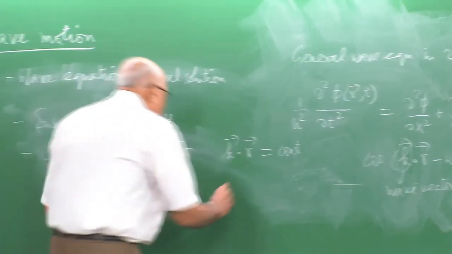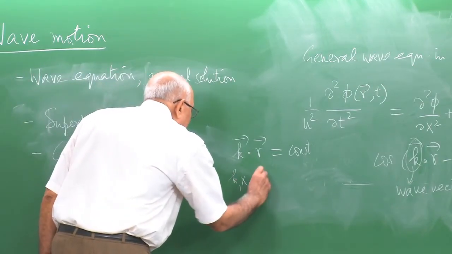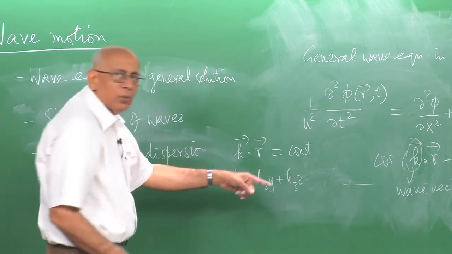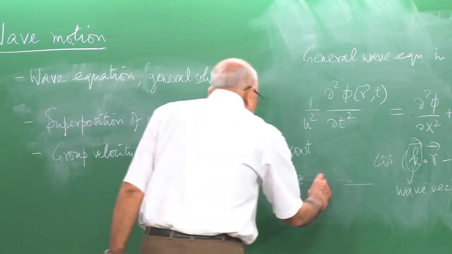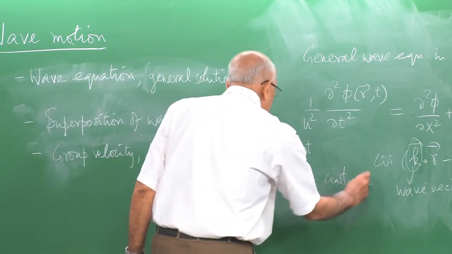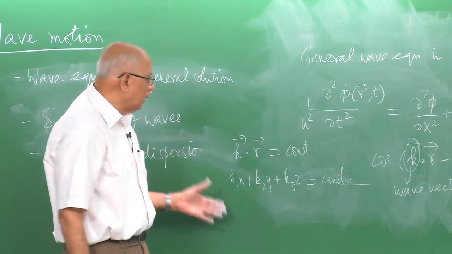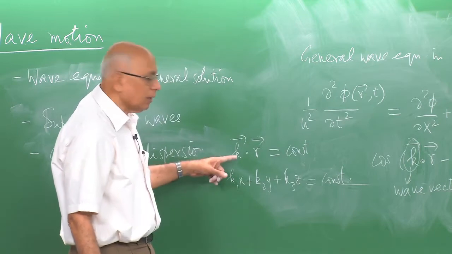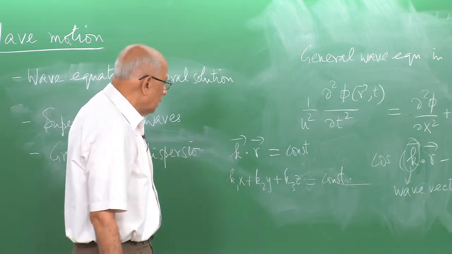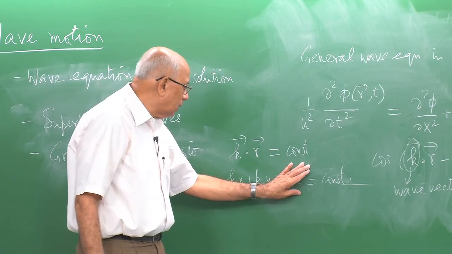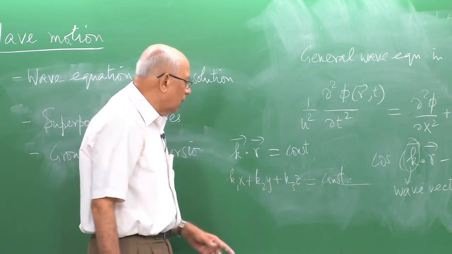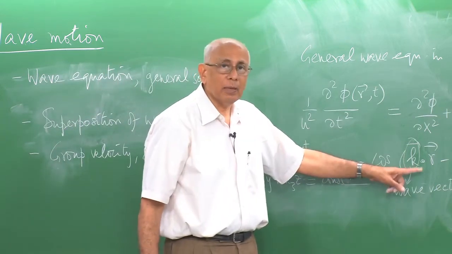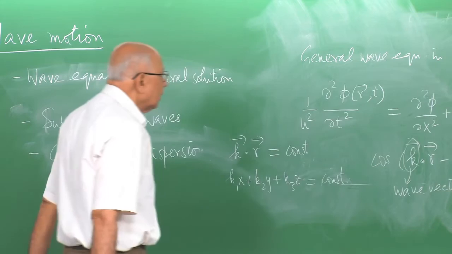Since this stands for k1 times x plus k2 times y plus k3 times z, if k1, k2, k3 are the Cartesian components, this equal to constant is a plane, an infinite plane in some direction, the direction of this vector k here. If you had no third dimension, then it is a straight line, and it is a plane in 3 dimensions. So, something like this is called a plane wave when we study 3-dimensional waves.